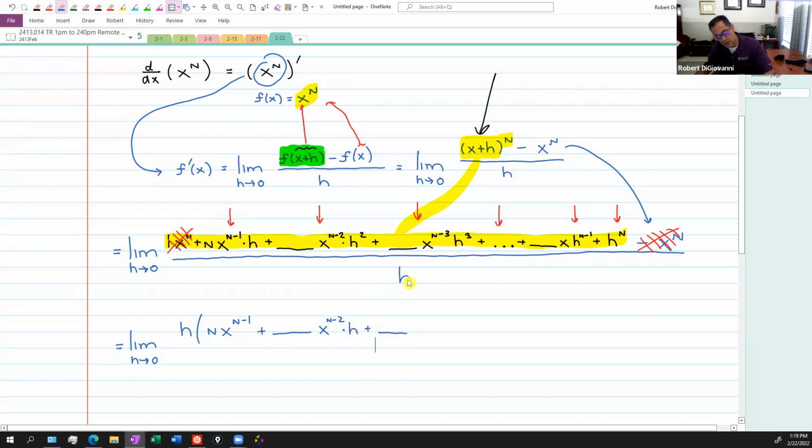Plus then another number, I don't care what it is, x to the n minus 3. And this time I have h squared because I pulled one of those out. And I keep doing this all the way down until I get to the end. I'll have this x here. I pulled an h out, so I'll have h to the n minus 2 because I took one h out of here. And then the last one will be h to the n minus 1 because I took one of the h's away from this. Close my parentheses, all over h.